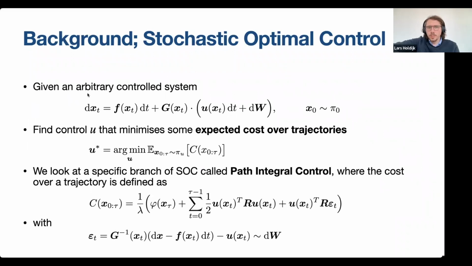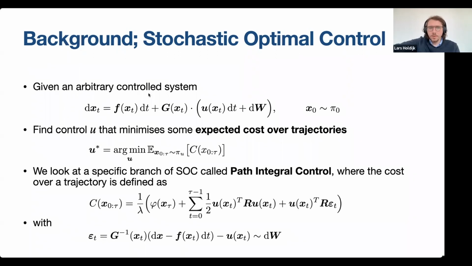If we look at this controlled system X, you can see the close relationship to the molecular dynamics SDE I described before, where X would be positions and velocities, F would be the gradient of potential energy, and U is our bias control, the bias potential B. The Brownian motion in our case had a Langevin term in front, but you can see the similarities between this SDE and the one we had before.